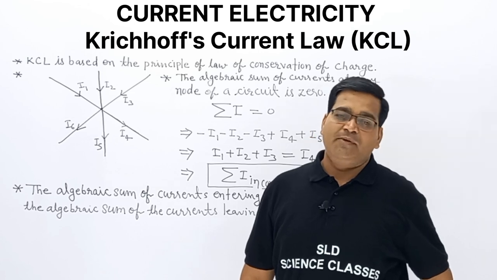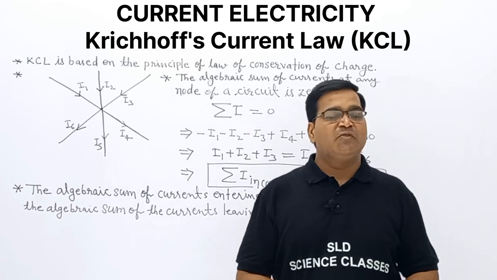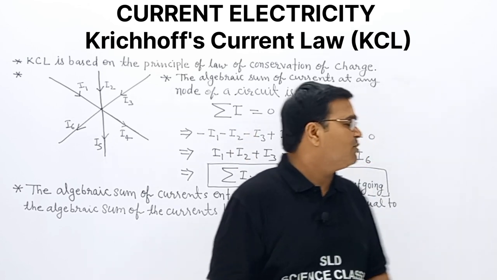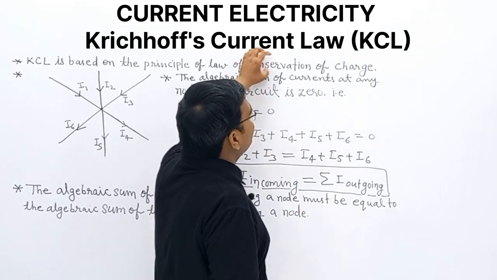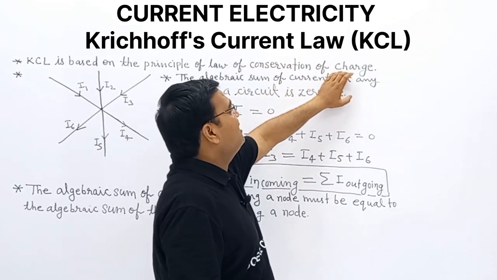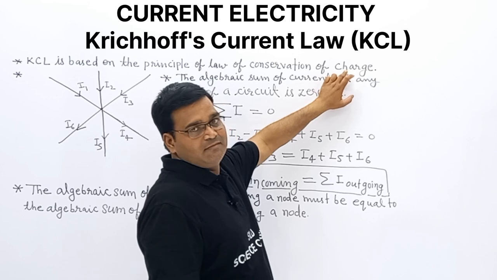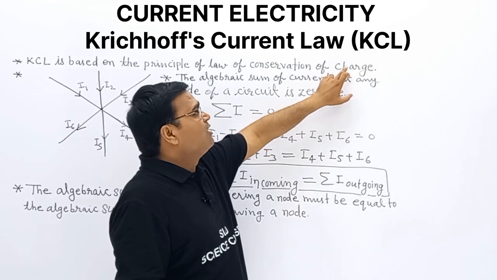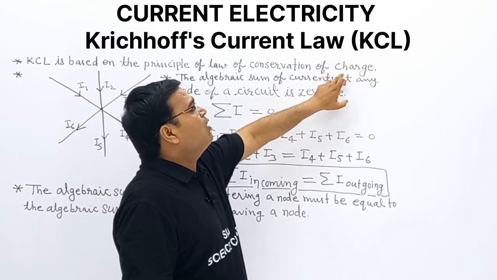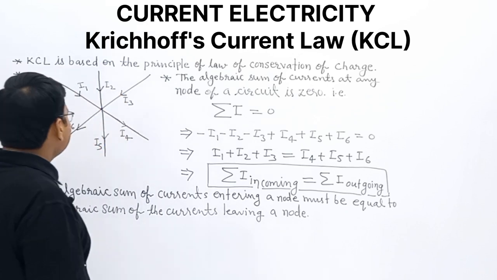Clear? So we are discussing Kirchhoff's current law. This law is based on the principle of conservation of charge. KCL, current, so charge. Kirchhoff's current law is based on charge. Clear?